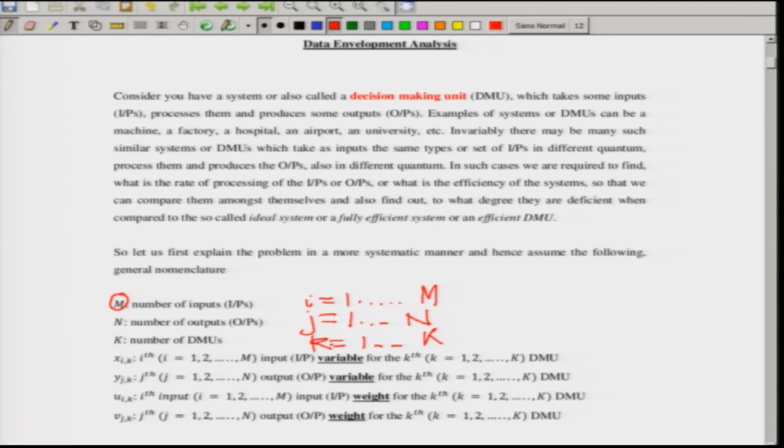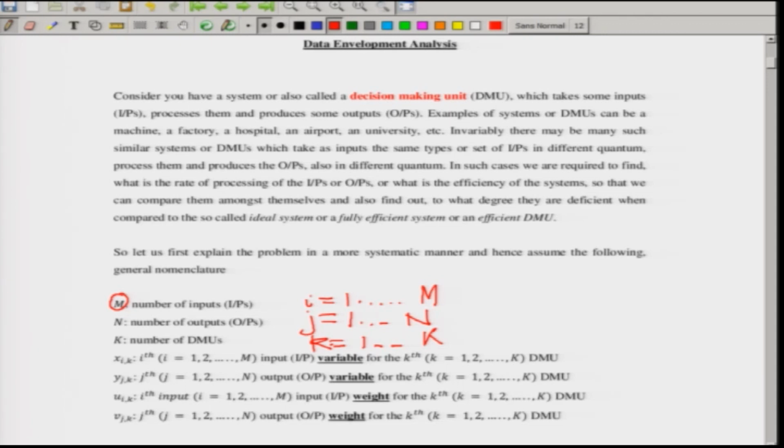So, x11, x12, x13 denote the first input for all the corresponding DMUs 1, 2, 3, 4, 5, 6, so on and so forth. You can also do it the other way by changing the nomenclature, where the first number may denote the DMU.